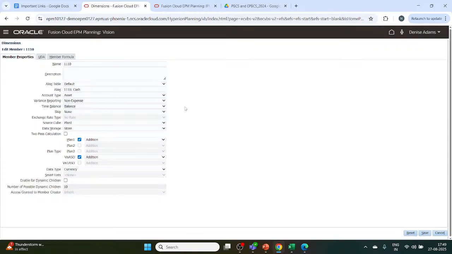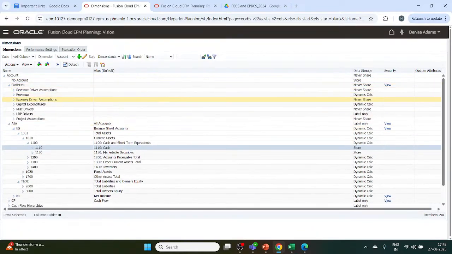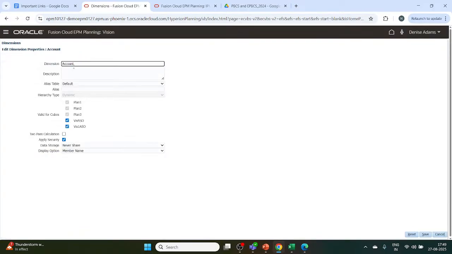Now our topic of account dimension we have completed. We have discussed the dimension member properties. In the account dimension there are different things we can see, like different drivers, parents, children here. And when we edit the account dimension, you can see the alias table is default.